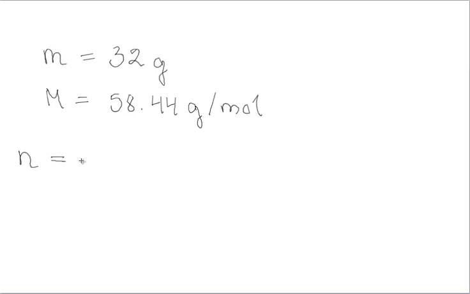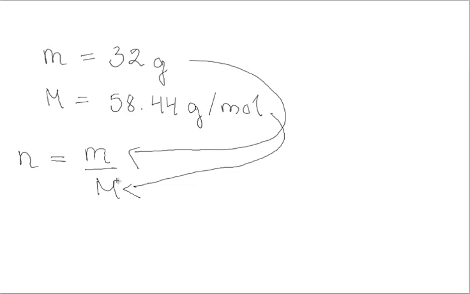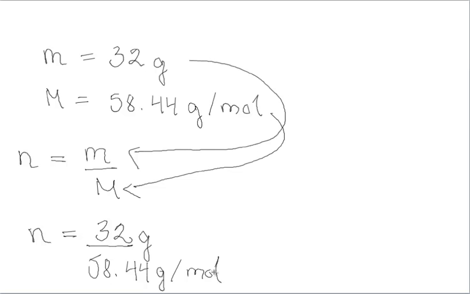Then you can calculate to know how many moles by dividing the mass with the molecular weight, then N is 32 divided by 58.44, and I always write out the units so I know I get the right one in the end with the answer. I know the calculation is right.